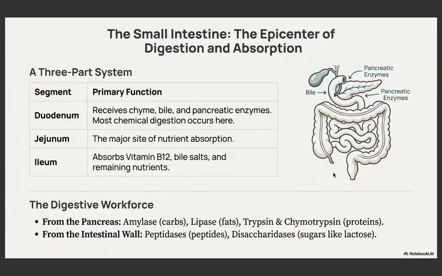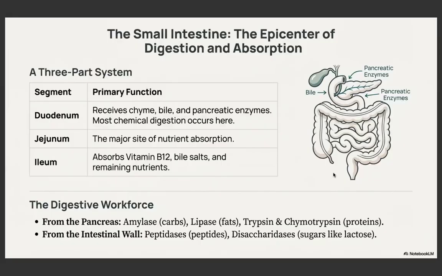So, it's going to receive the chyme from your stomach, as well as the bile and the pancreatic enzymes right in that very upper portion of the small intestine, which is why when an individual gets their gallbladder removed, bile is instead of being stored in the gallbladder, shunted into the duodenum. So this is where a lot of that chemical digestion is going to happen.